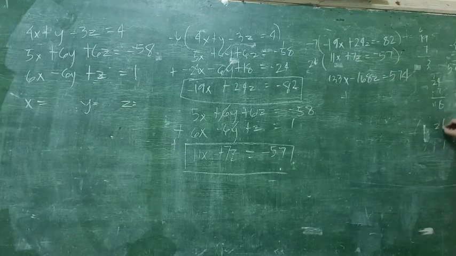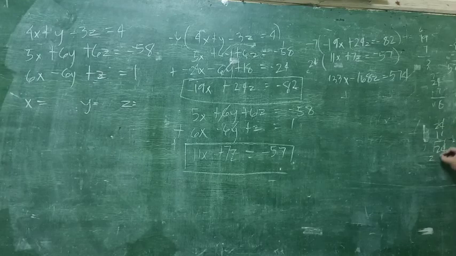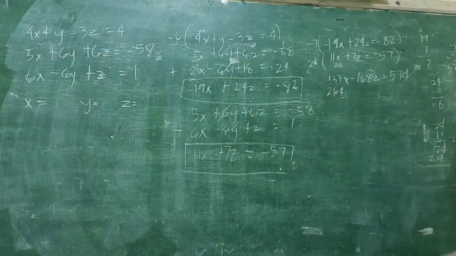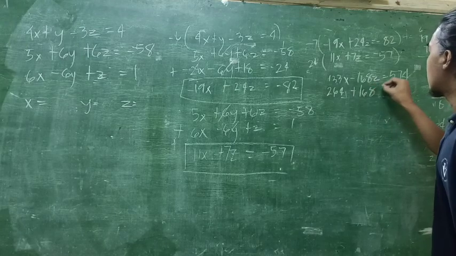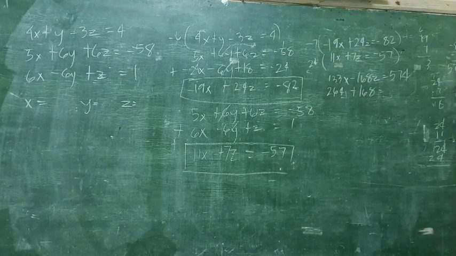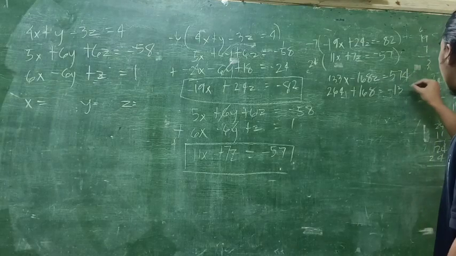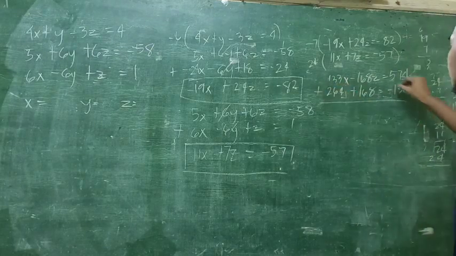So 24 times 11 is 264x. 7 times 24 is 168z. And 24 times negative 57 is negative 1368. Then add the equations, cancel z.